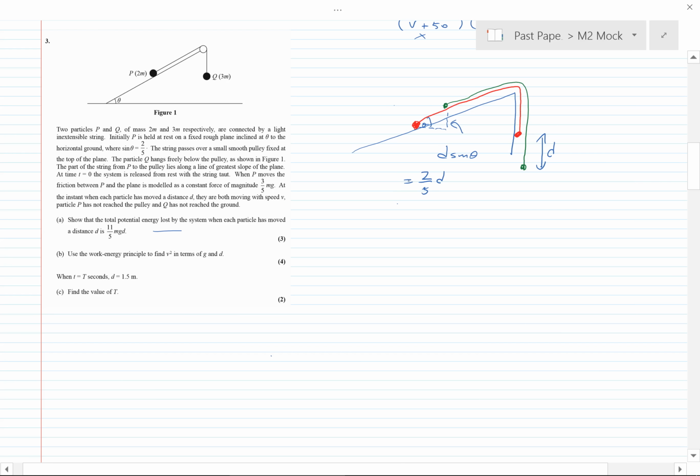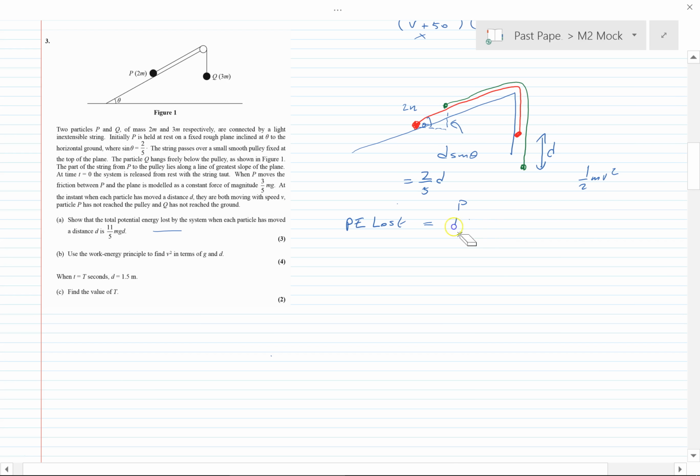So the potential energy lost will be equal to, obviously this one's gained in potential energy because it's gone upwards, and that's got a mass 2m. So P has gained in potential energy. Remember the formula is half mv squared, by half times 2m.